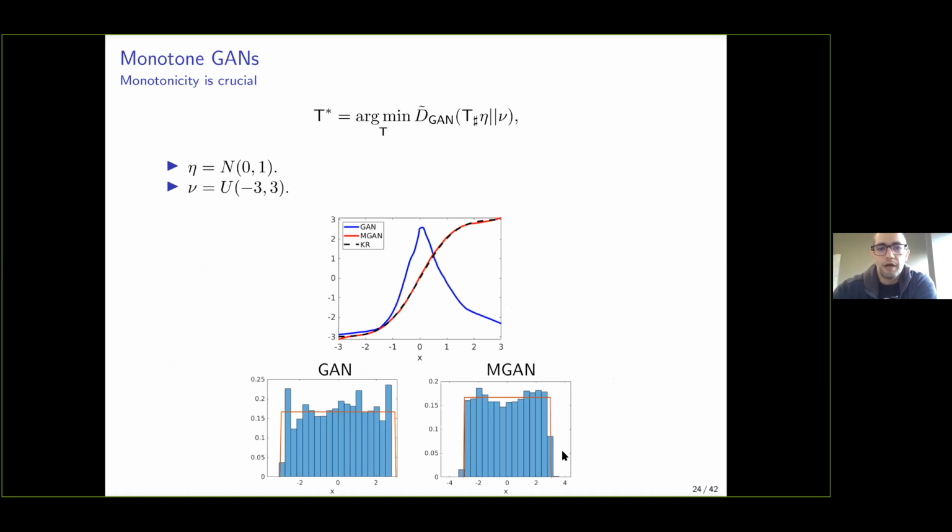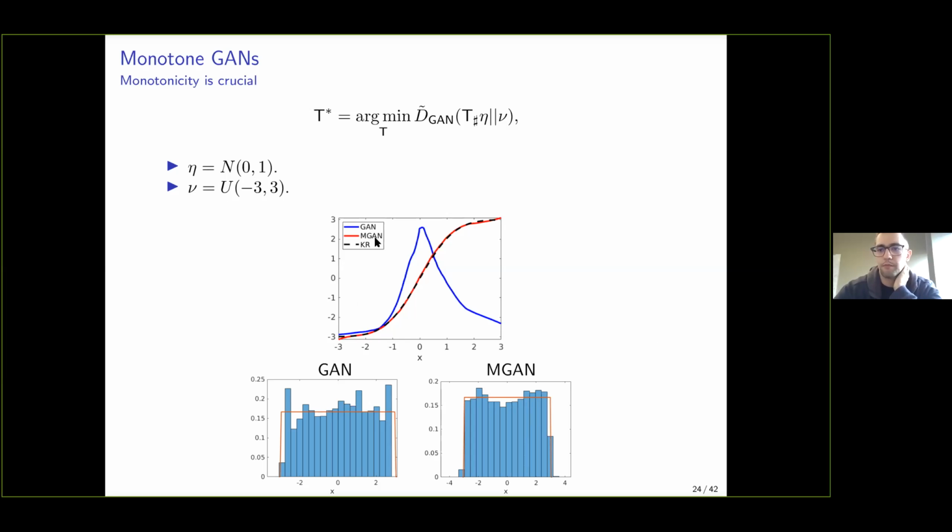All right, so you might be wondering, okay, you keep talking about this monotonicity constraint. Is it actually crucial? Here's a 1D example to convince you. I'm pushing eta, which is a Gaussian, to nu, which is a uniform on -3 to 3. We train a GAN.